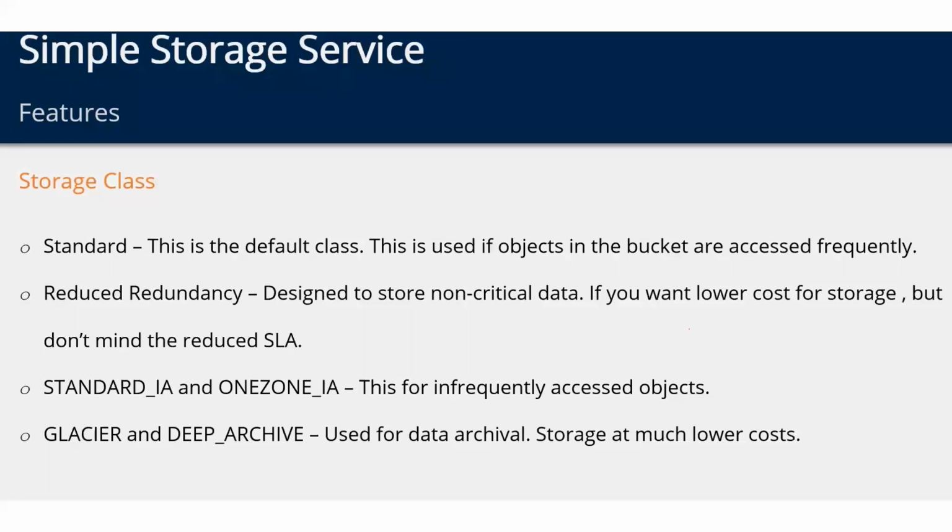The second thing is standard infrequent access. If you access the files you store quite often, you go for standard. If you access them not that frequently, you go for reduced redundancy. And if you access them even less frequently, you go for the third model, infrequent access, IA.